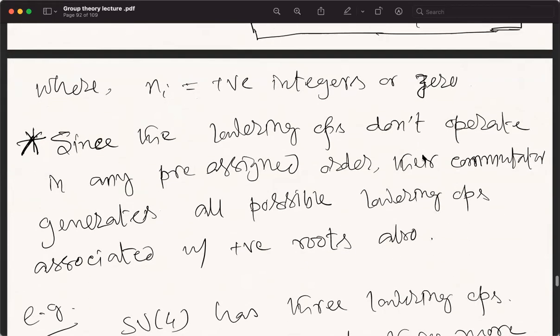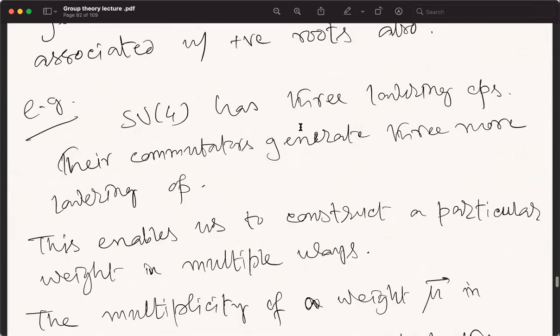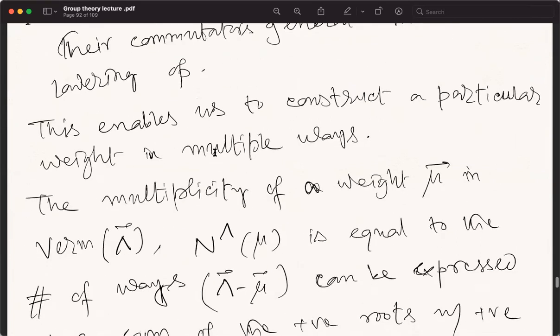Now, since the lowering operators don't operate in any pre-assigned order, their commutator generates all possible lowering operators associated with the positive roots also. For example, SU4 has 3 lowering operators, because the rank is 3, but their commutators generate 3 more lowering operators. This enables us to construct a particular weight in multiple ways.